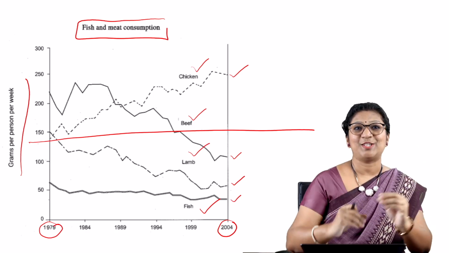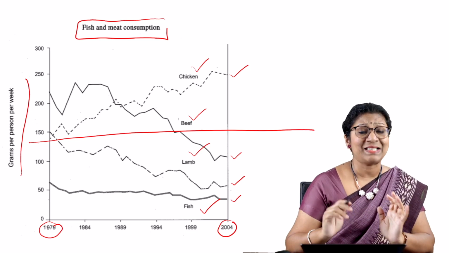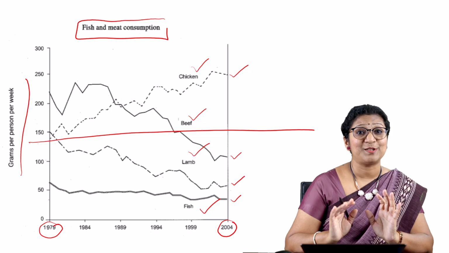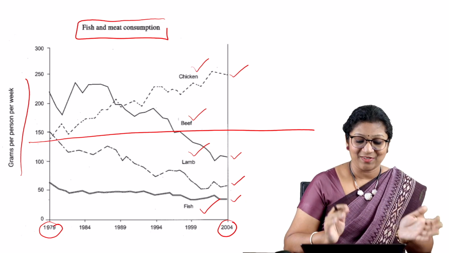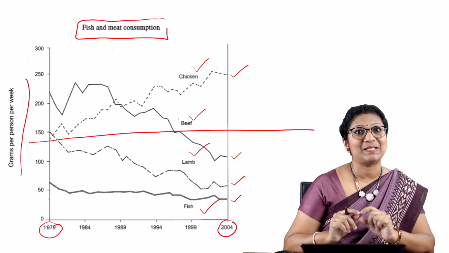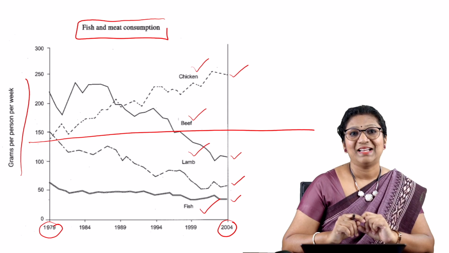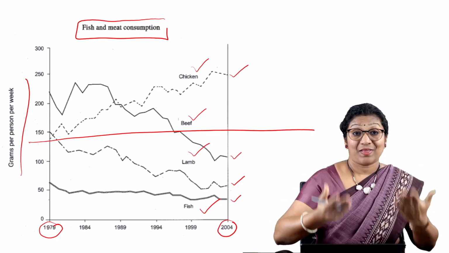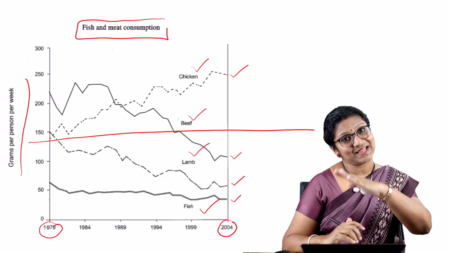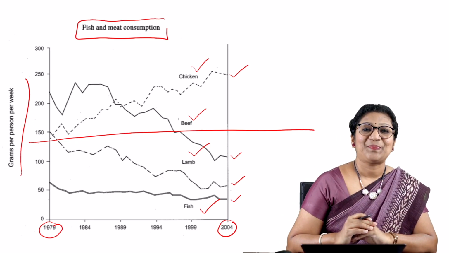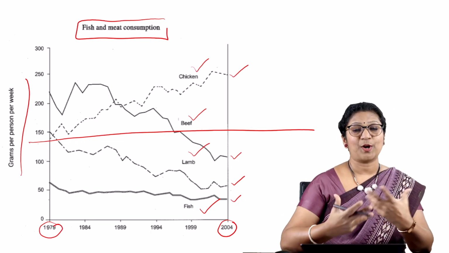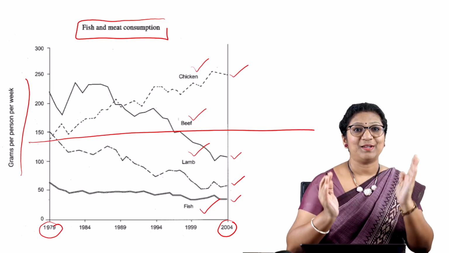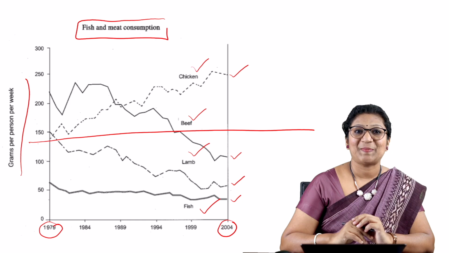So what is a trend that you can see? Well, it is clearly visible that chicken was the most popular consumed meat item. And we know that fish was the least preferred, right? So you can see higher values, you can see lower values. At the same time, you can also see increasing trend and decreasing trend. So you choose one of these opposites. For instance, you either look at the higher and low and group your data accordingly.